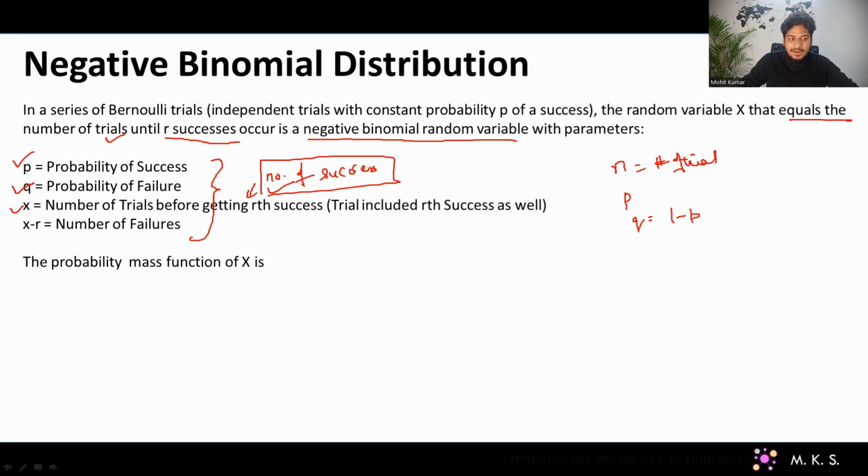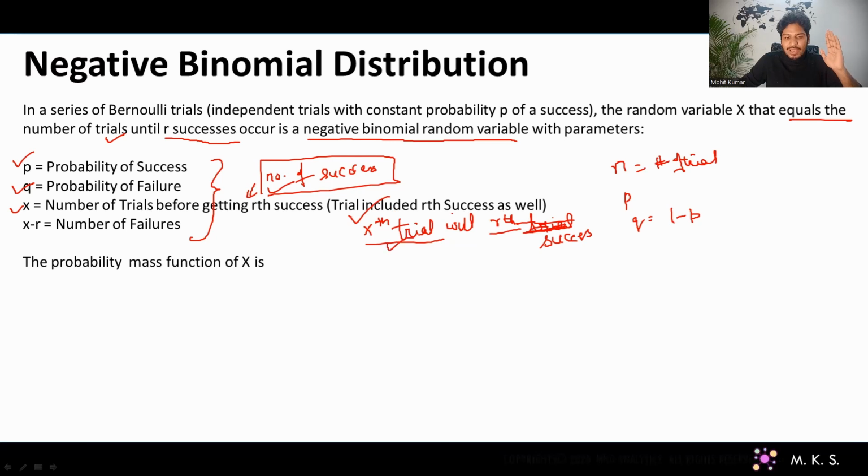Important point here is the Xth trial, this is very important to understand, guys. Focus on this point. The Xth trial, let's say the 10th trial, should result in your Rth success, right? Once you get the Rth success, now you stop your experiment.